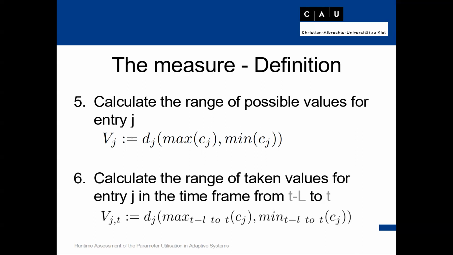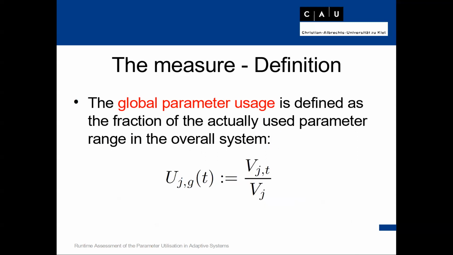This is our range in this current time frame. This leads us directly to the quite simple definition, which we call the global parameter usage, which is the fraction of the actually used parameter range divided by the global possible parameter range.